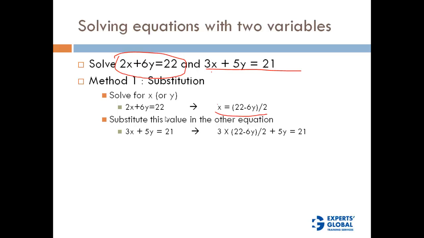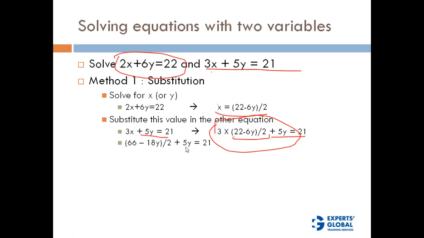So I get 3x plus 5y is equal to 21, which is 3 into x, which is this new value, (22 minus 6y) by 2, plus 5y is equal to 21. So now we will see that because of doing this substitution we have got rid of x altogether. So we have only one equation with one variable, correct? So we'll solve for y.